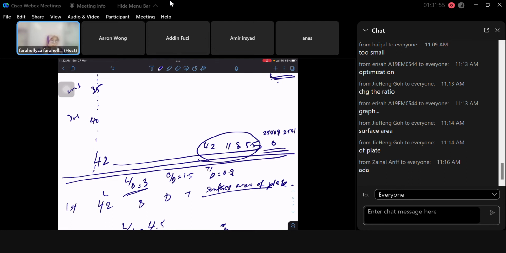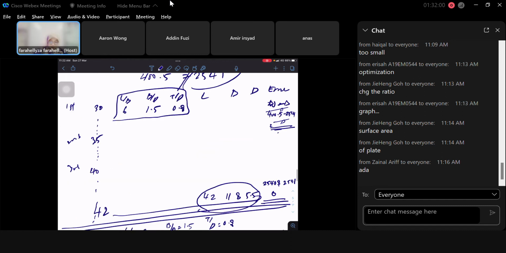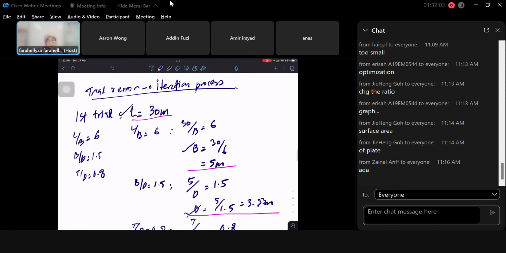Okay, and when we talk about this L, there are actually three methods to get this first L. First is trial L, where you just take any L. Then we also have estimated L, and then we have calculated L. Calculated L is where you solve mathematically, and then you directly get the correct L for the vessel. So you don't have to do any trial. That is calculated L.